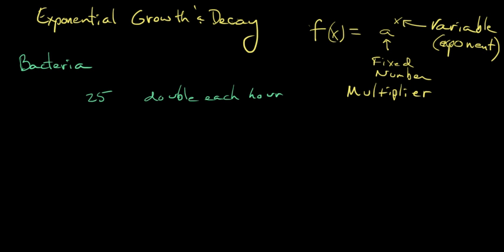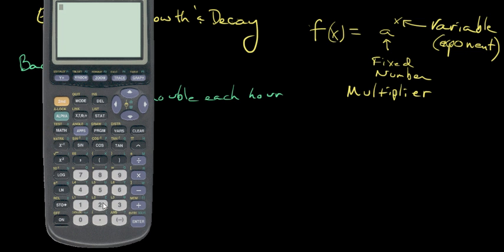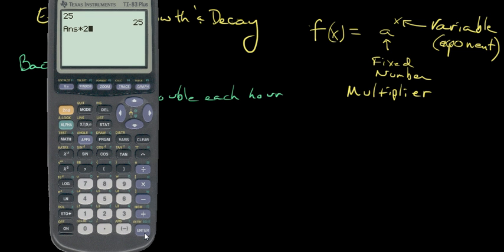So let's see what that gives us with our graphing calculator. If we push in 25 and enter, and then times 2, this is a kind of a cool feature with this calculator. We can just hit enter, enter, enter, and it keeps doubling.